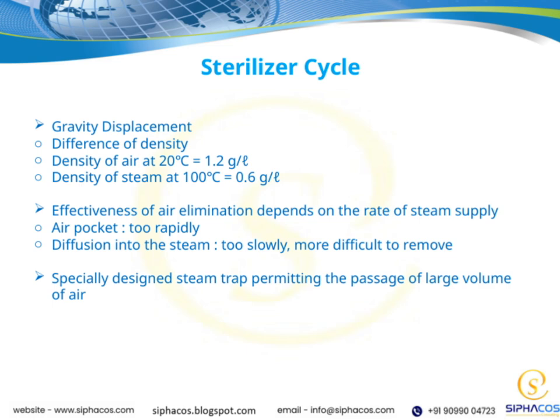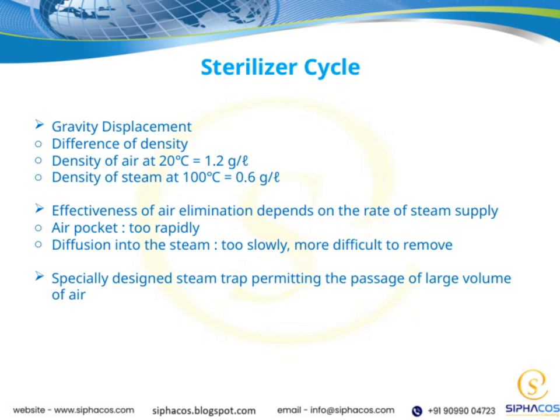Now, the effectiveness of removing air depends quite a bit on how quickly we supply the steam. If we supply steam too rapidly, we might create air pockets that get trapped, making it harder to remove all the air efficiently. Conversely, if the diffusion of steam into the space is too slow, it becomes more difficult to push out that residual air altogether.